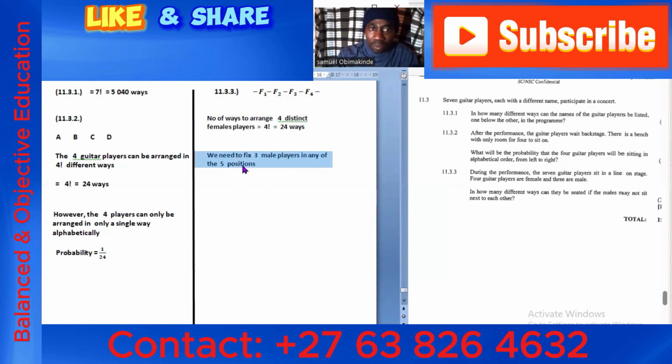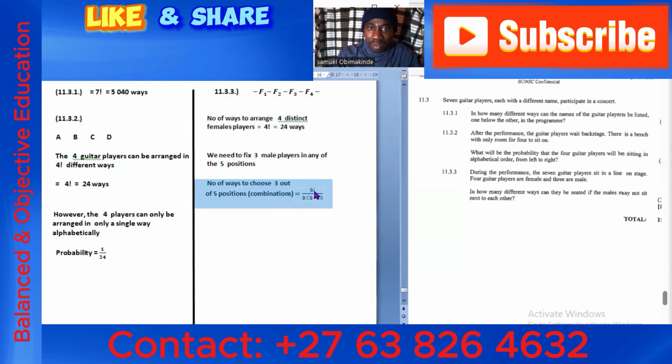So we are looking for 3 positions out of 5 total possible positions. So this is a simple way we can do it. If you are looking for 3 out of 5 positions, then this is how you can solve that easily.